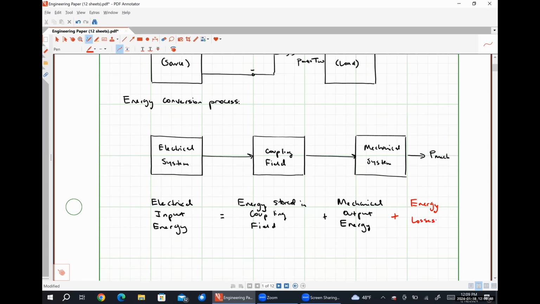And we are going to add these losses to our diagram. So the first loss that we're going to consider is electrical losses.